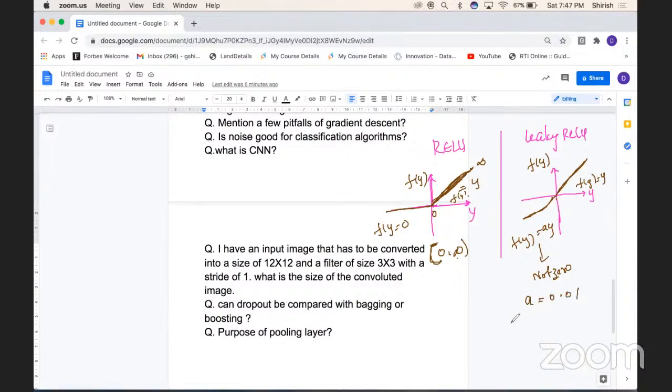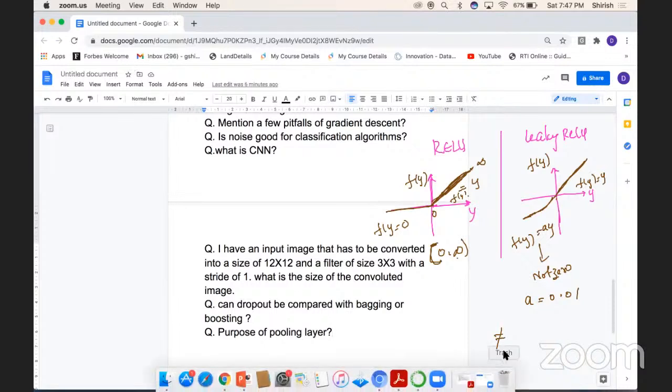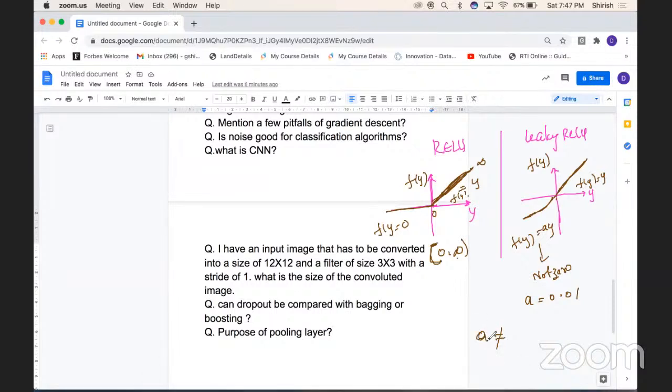If your a is not equal to this number, it is called randomized ReLU.